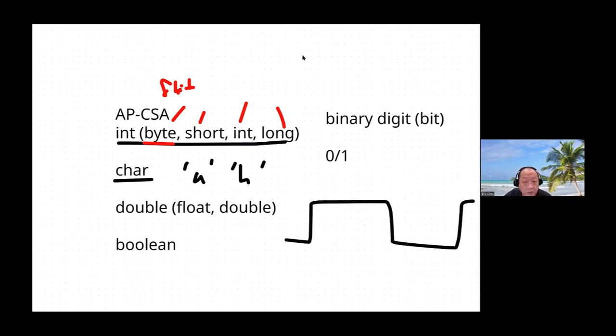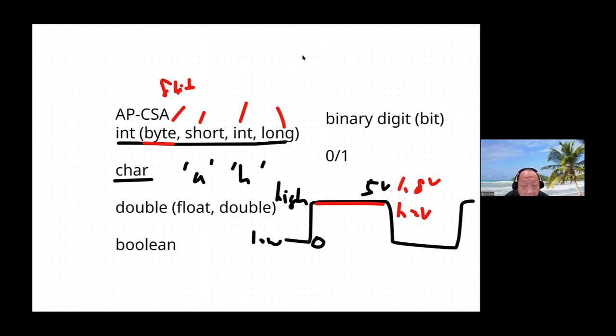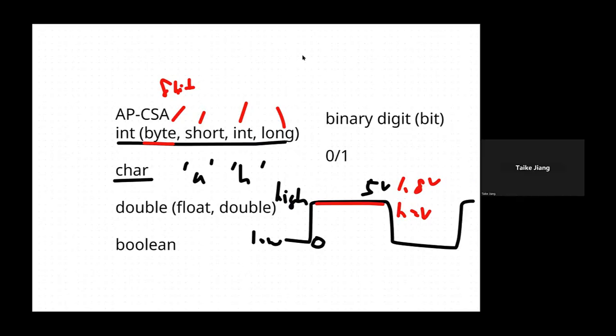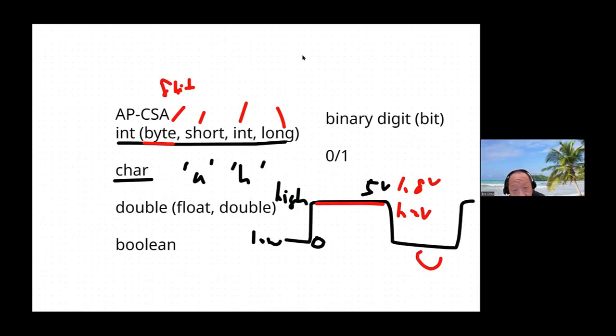For older systems, this one may be 0 volt, this one may be 5 volt. Nowadays, they may use a 1.8 volt system, maybe a 1.2 volt system. So the high voltage may change, but there will be a high voltage level and a low level. Low voltage level we call 0, high voltage level we call 1. So it is really an electronic format. Is that okay so far?